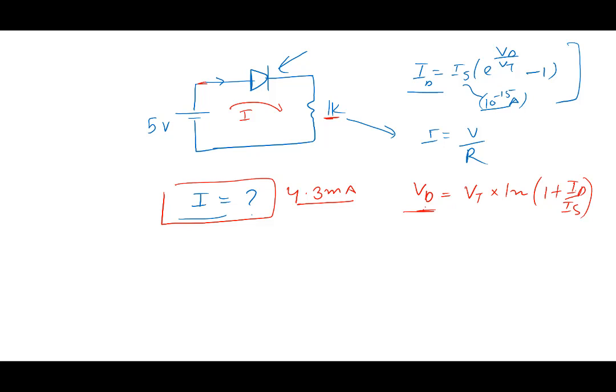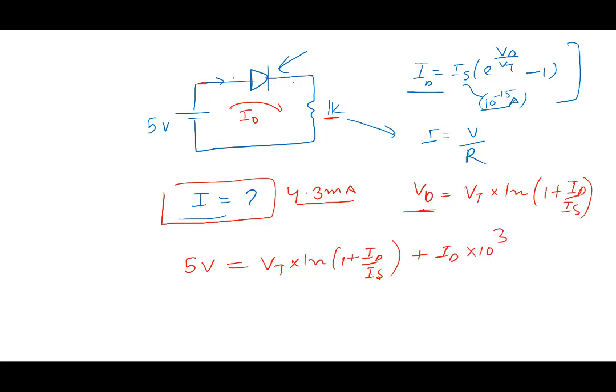Alright, so if you were to solve this particular equation, what we would have to write is 5 volt equal to the drop here, which is VT ln 1 plus ID by IS, plus the same current ID flowing, ID into 10 to the power 3.